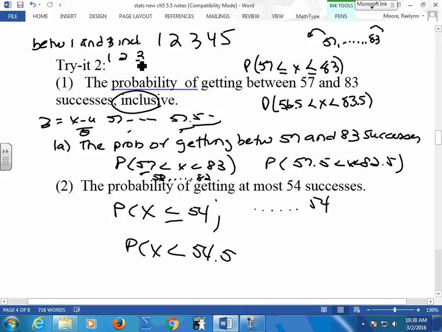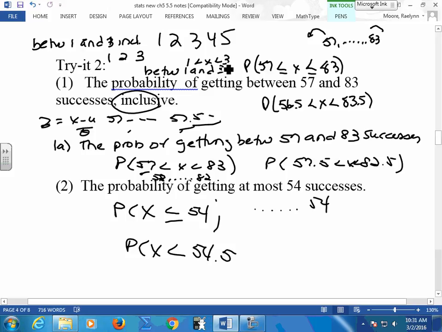I want you to include those endpoints. If I say between 1 and 3, what number is between 1 and 3? 2. I can't include 1. I have to say inclusive. That's where your equal signs, less than or equal to, comes in versus just your less than. This one would say 1 is less than x less than 3. What number falls in between there exactly?